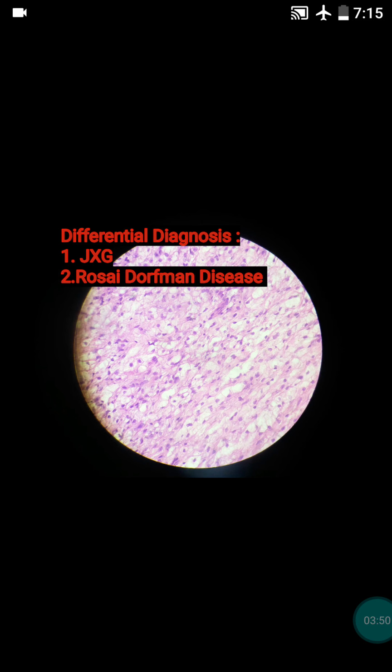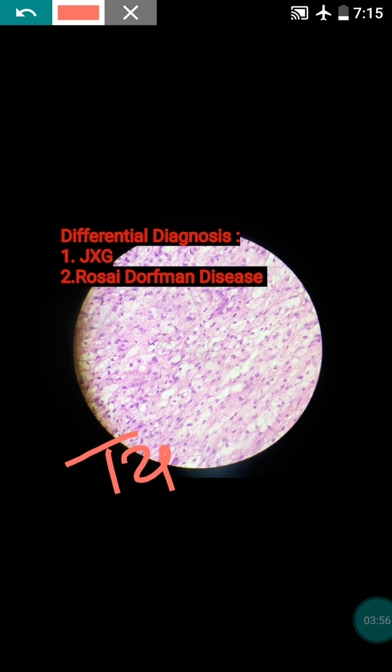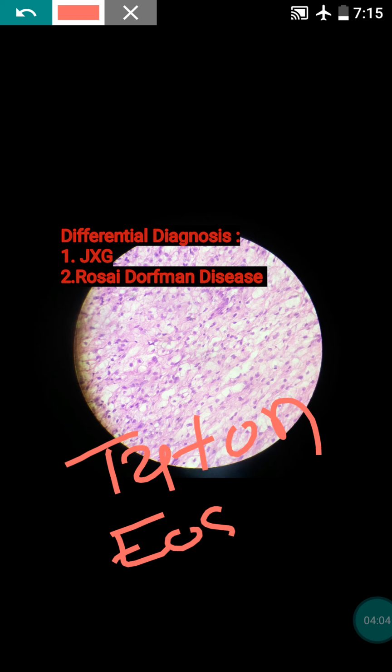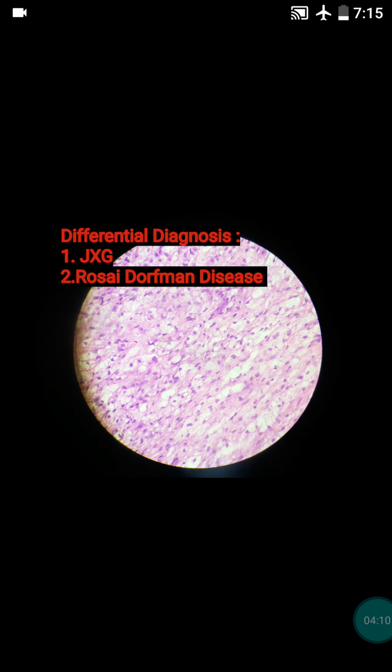In that condition, there will be Touton giant cells. Remember that name. The cytoplasm is very foamy in the Touton giant cell, and there will be eosinophils in juvenile xanthogranuloma.